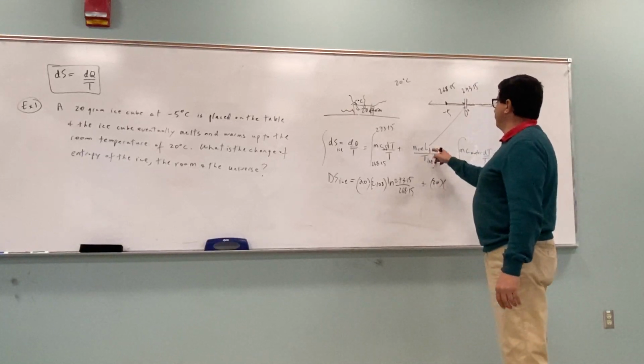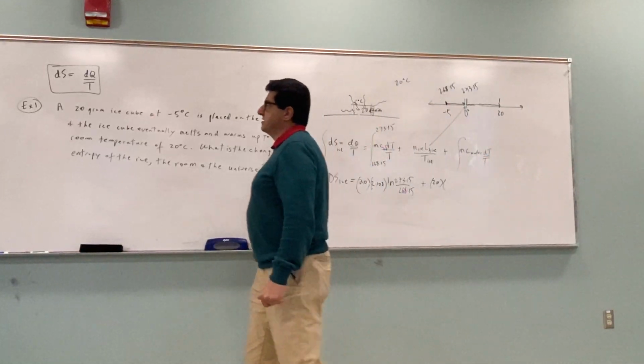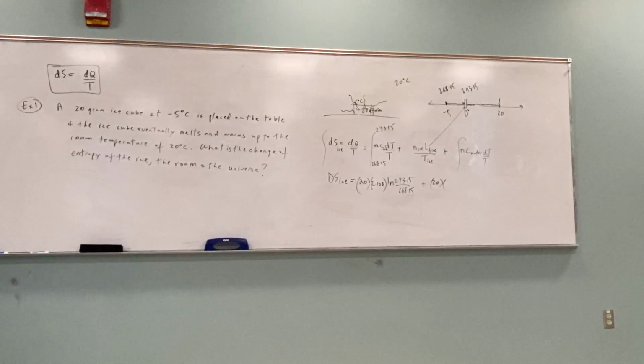Then the specific heat of fusion of ice would be 334 joules per gram.